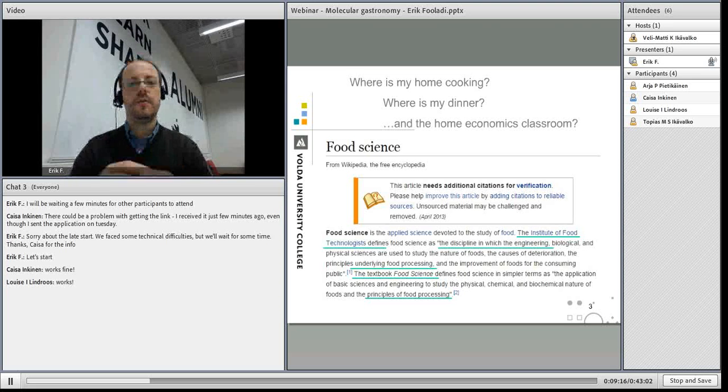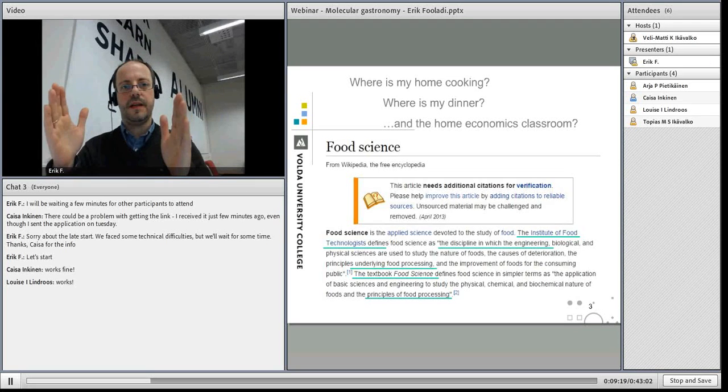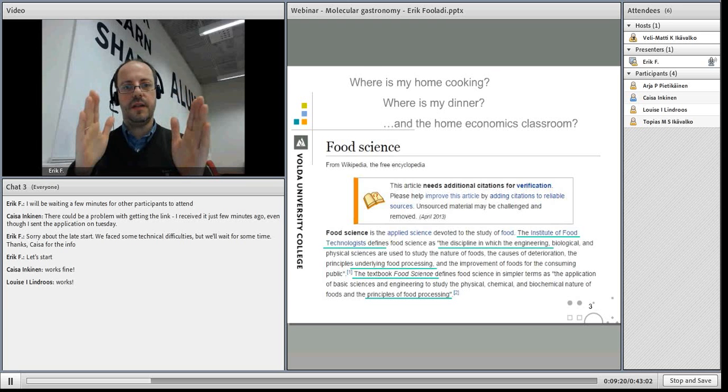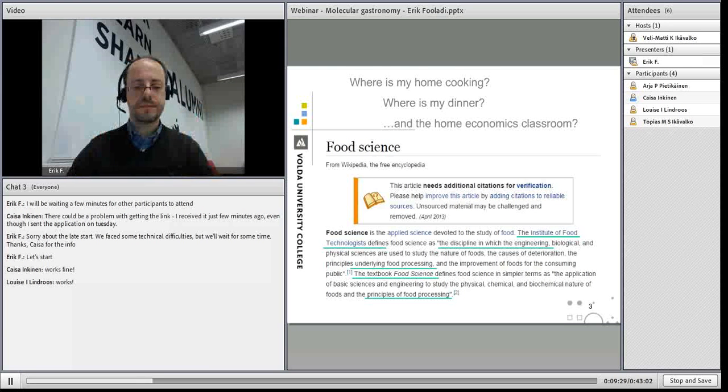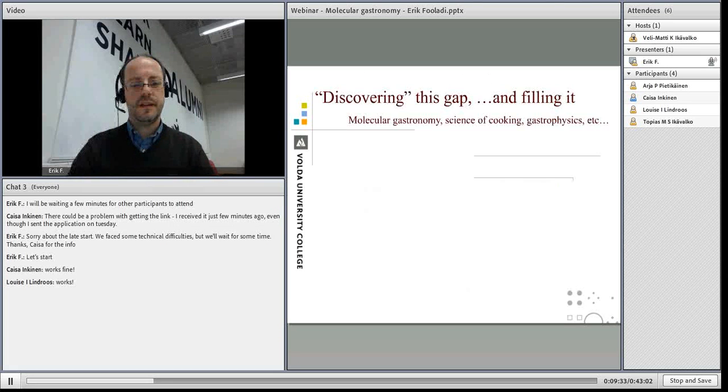So in a way, there has been a gap between food science on this side and our home cooking, or the restaurant or the classroom on this side. Some people found that there was this gap, and they actually discovered it maybe in the 1960s, 70s, 80s.